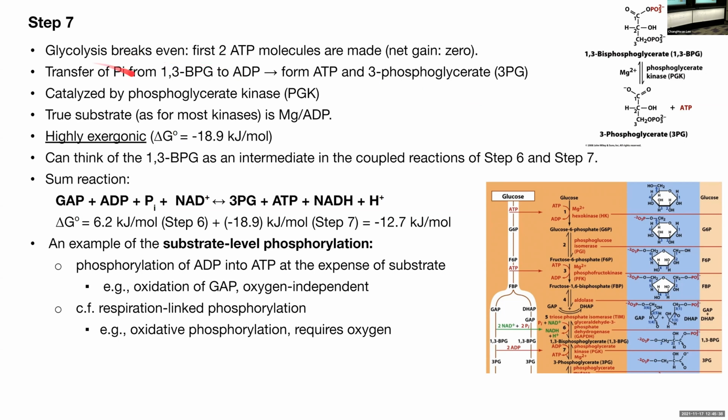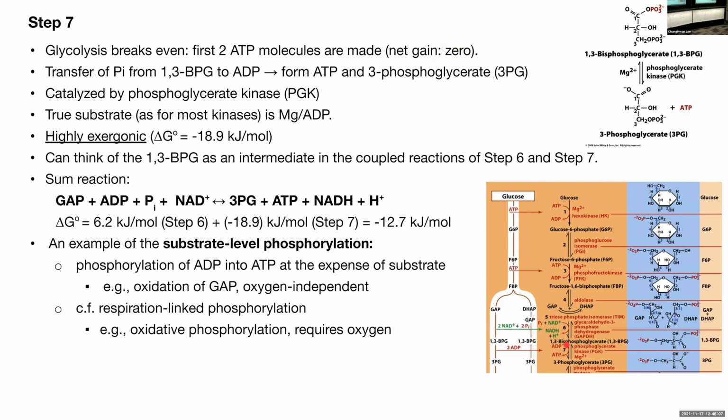And this is where glycolysis breaks even in terms of its energetic gains, because this is the first step where it synthesizes 2 molecules of ATP. So you already consumed 2 ATP for the first stage of glycolysis as the investment, right? Now you're gaining 2 ATP molecules here, so the net gain is 0.